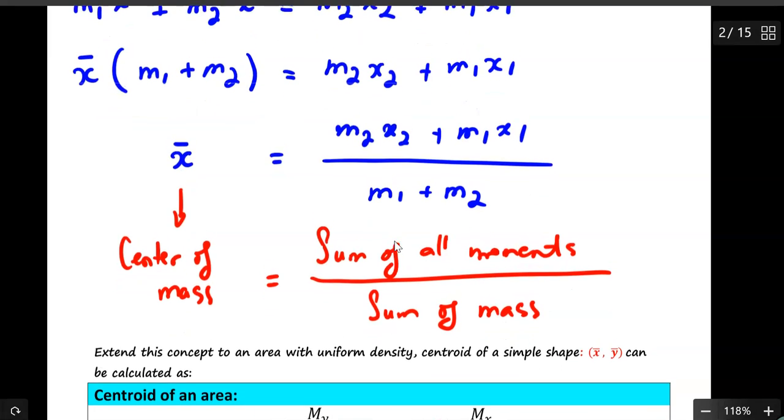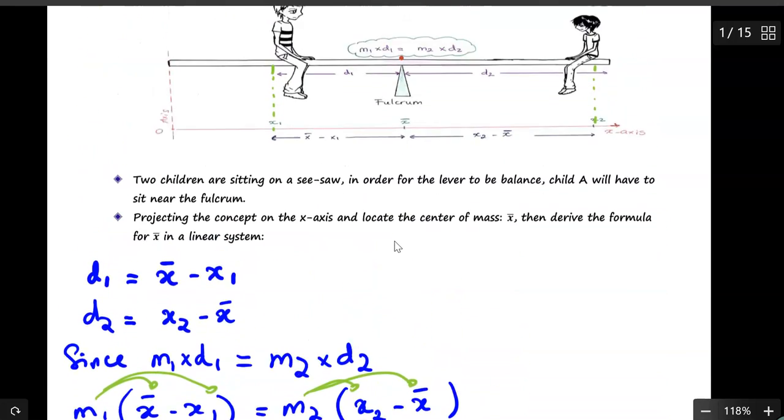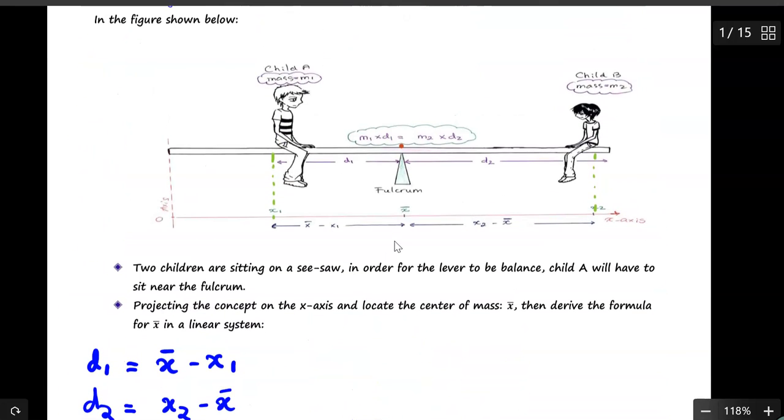Okay, so this is just the one-dimensional case that we are talking about, right? In this case, we are talking about a linear function where we have just the x-axis, with the x bar.